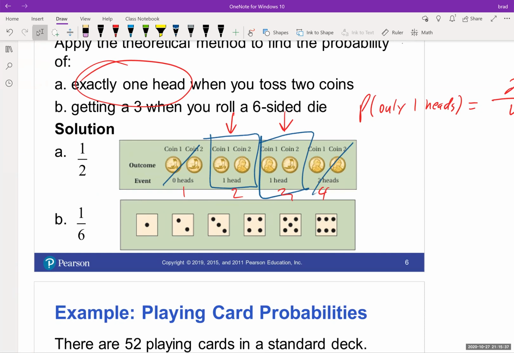Okay, so we have this next one here. And again, they tell you that we get 1/2. Now this next one says getting a 3 when you roll a 6-sided die. Well, how many ways can you get a 3? Just that one way.